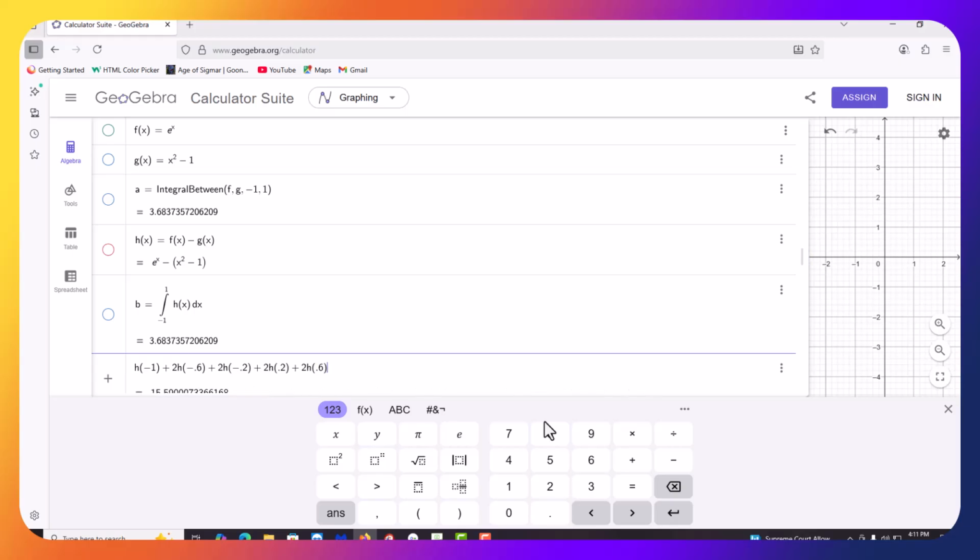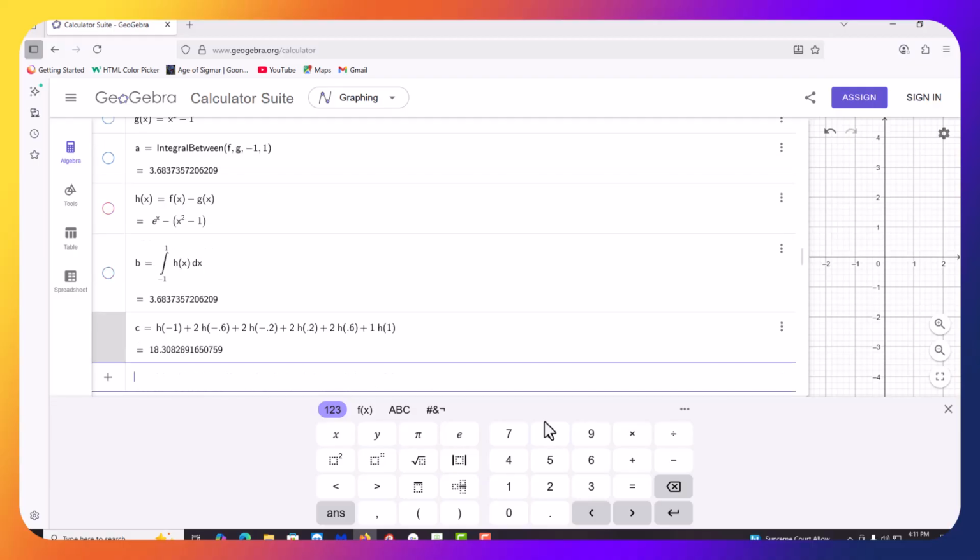And finally, I'm going to add 1 times h of 1. Okay, now notice what happens. So this says the sum of all those functional heights is 18 and some change.